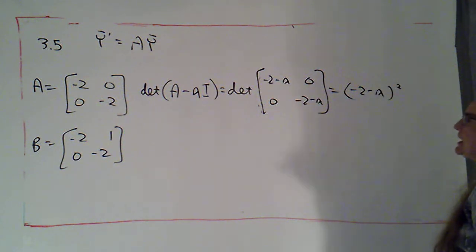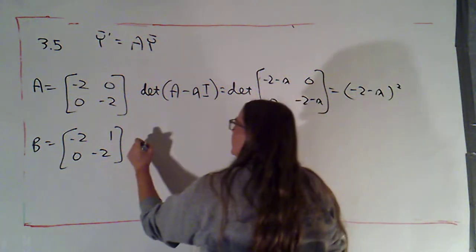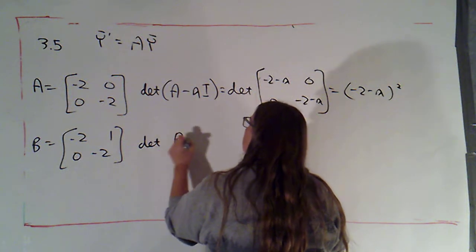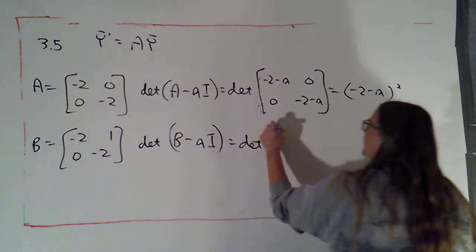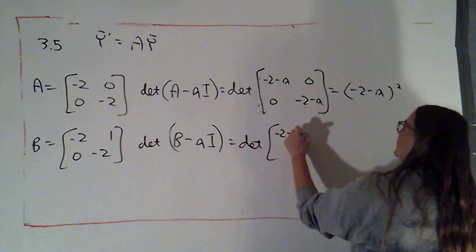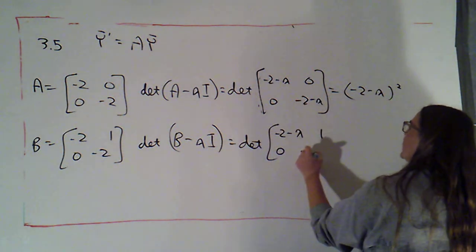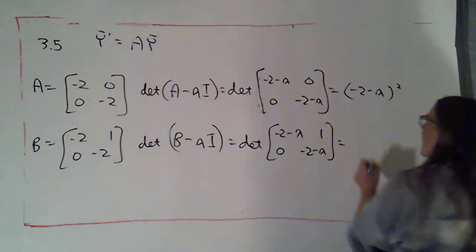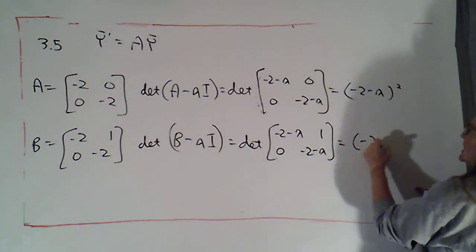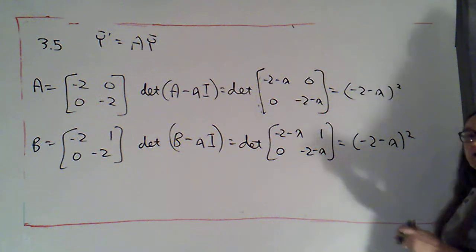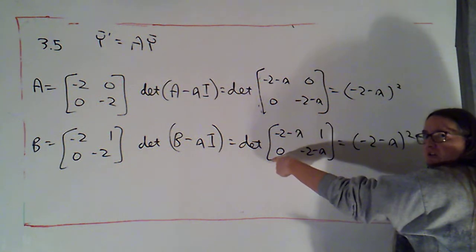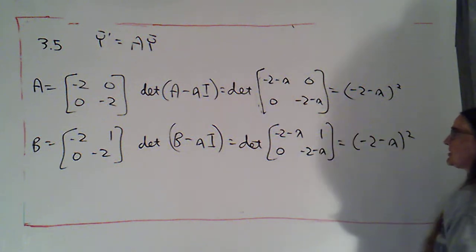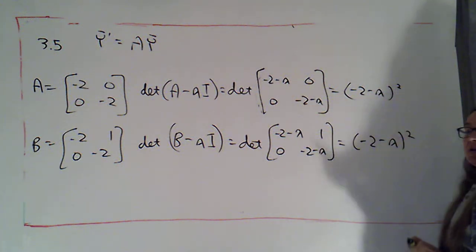Now if I take a look at the determinant of B minus lambda I, that's the determinant of -2 minus lambda, 1, 0, -2 minus lambda. I get exactly the same thing. I get -2 minus lambda quantity squared, because it's just this diagonal minus this diagonal, which is still 0. So the fact that there's a 1 there doesn't change the characteristic polynomial.